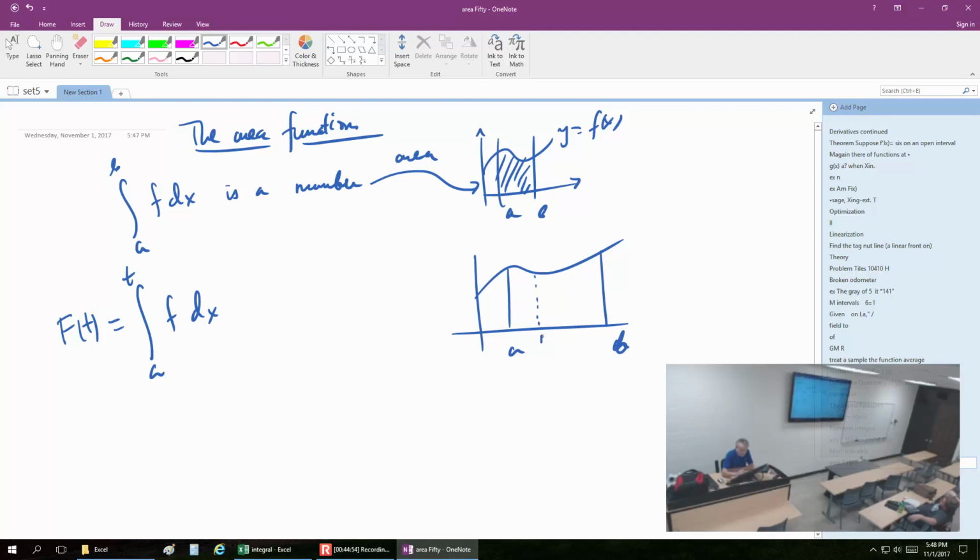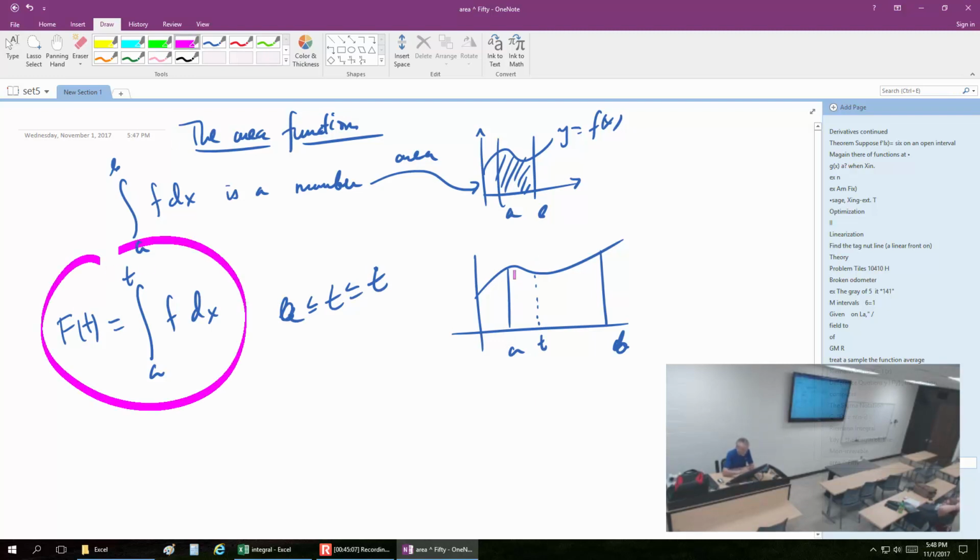I have a t here somewhere. Not one t, but many t's. For each value between a and b, I could pick a t and define an interval. This interval over here is this area. Not the whole area, but a piece of the area. As t progresses from a to b, the area grows, or maybe declines, and it creates a function. That's called the area function.